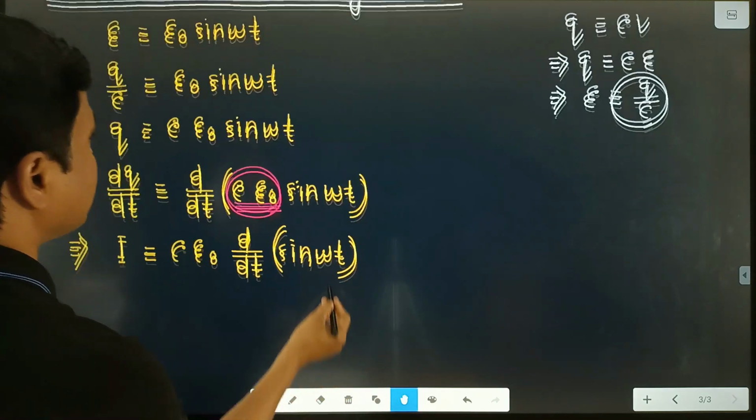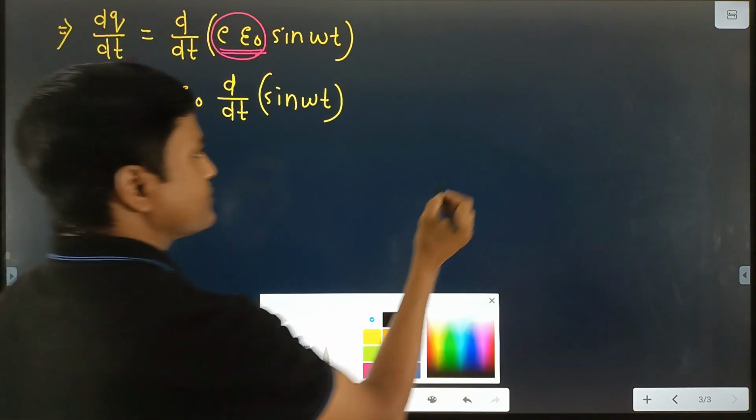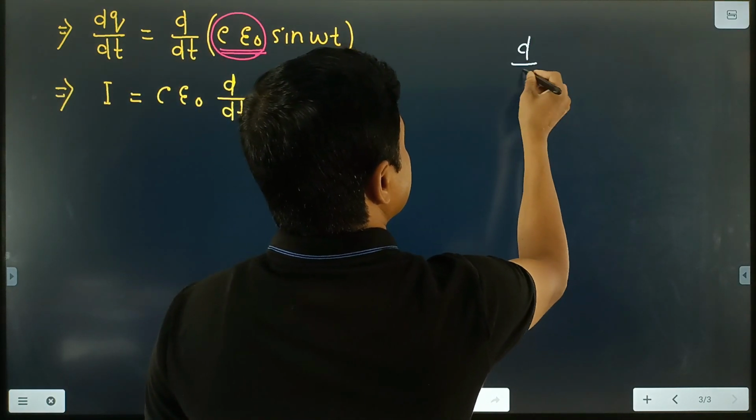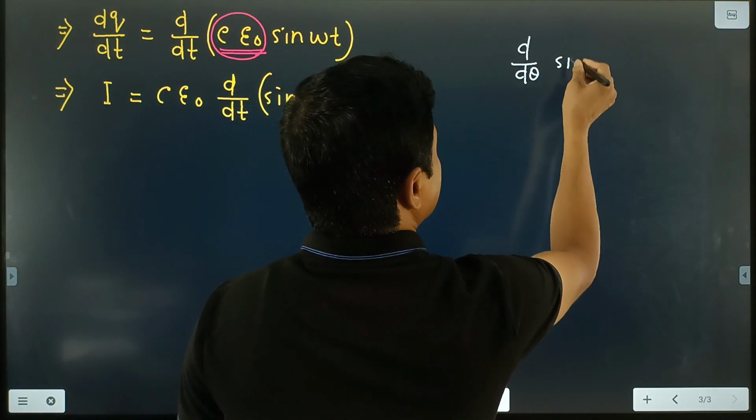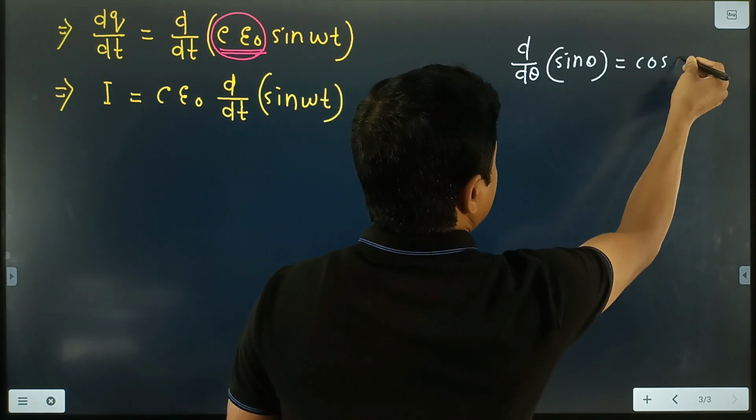Clear? And you know the derivative of sin theta, d by d theta of sin theta, is equal to cos theta.